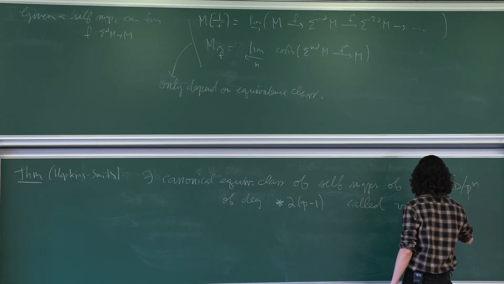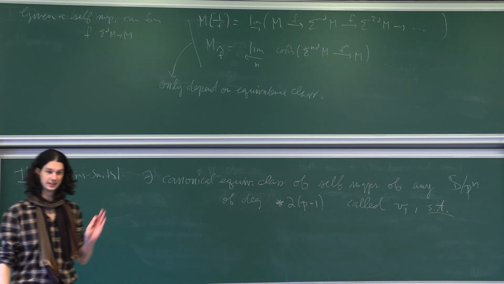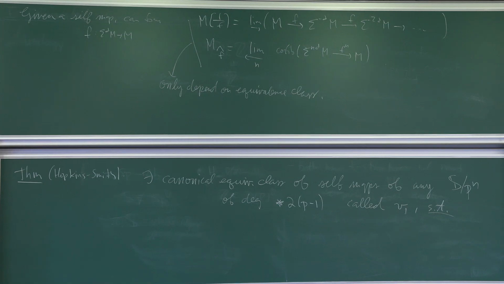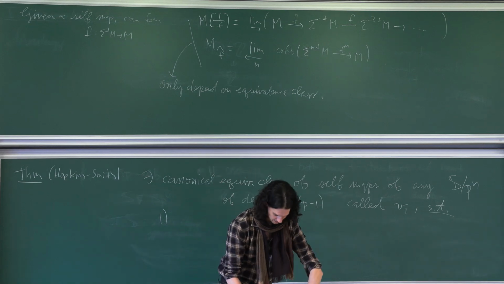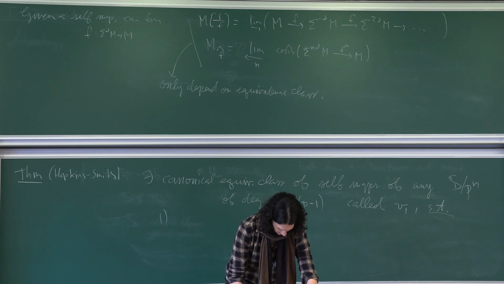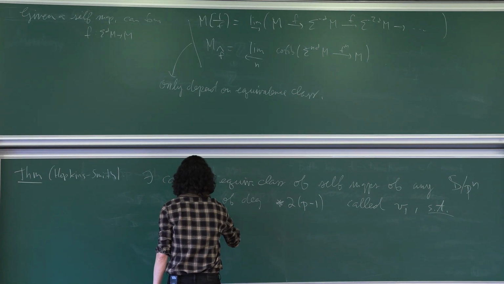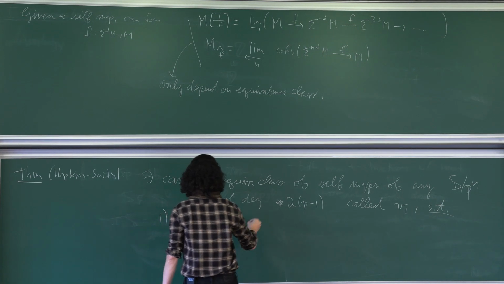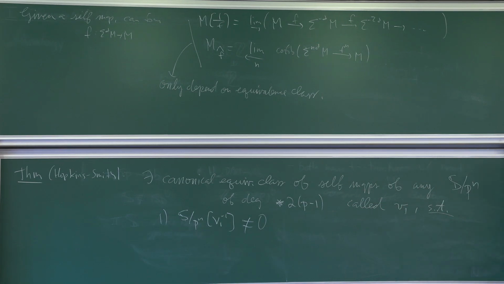And I'm not going to yet tell you the property that uniquely characterizes this equivalence class of self-maps, but I'll still tell you something about it. So I want to express somehow that it's a non-trivial operation. First, one thing is that if you take this S mod p to the n and then invert V1, then this is not 0. So you can't take V1 equals 0, or more generally, you can't take V1 to be nilpotent.